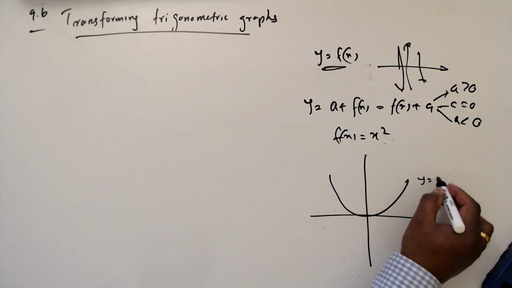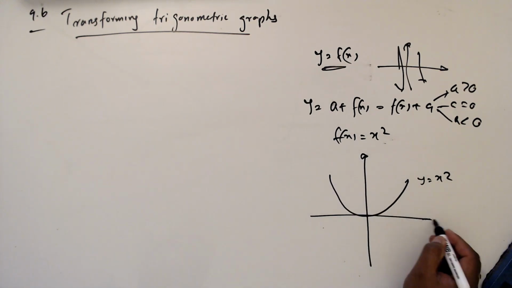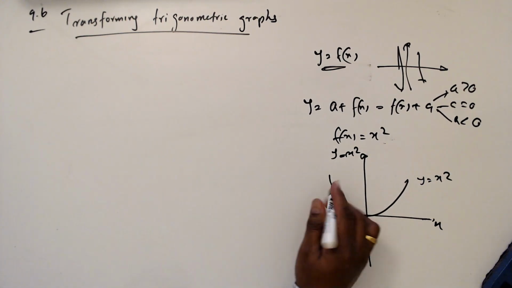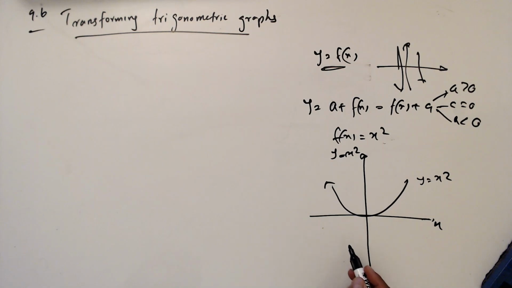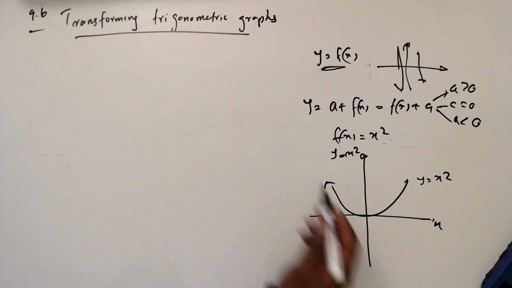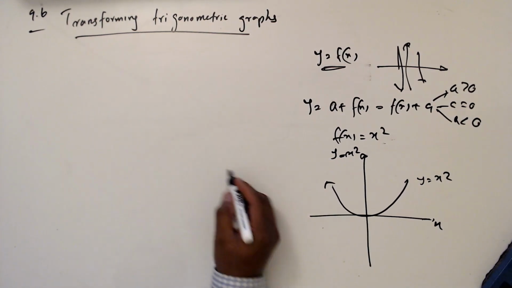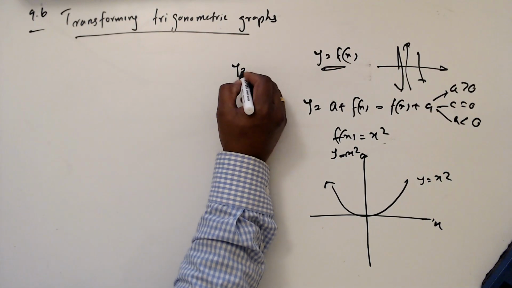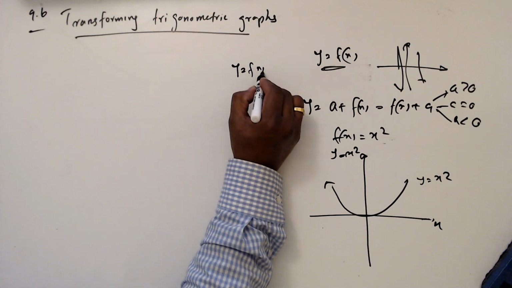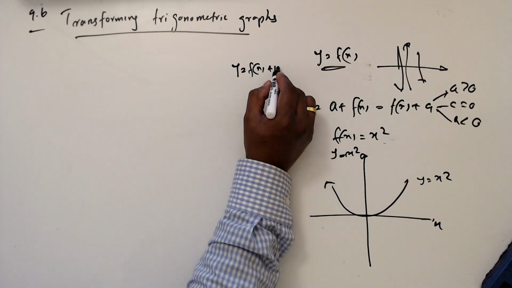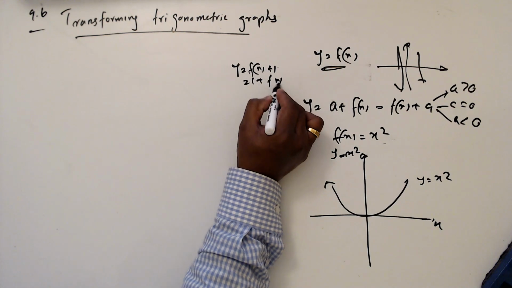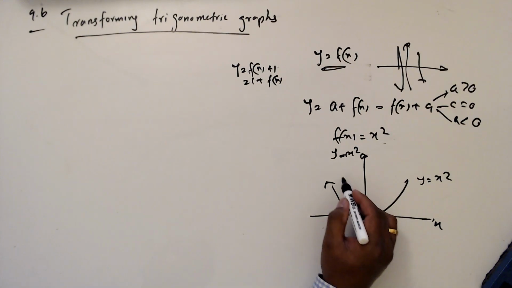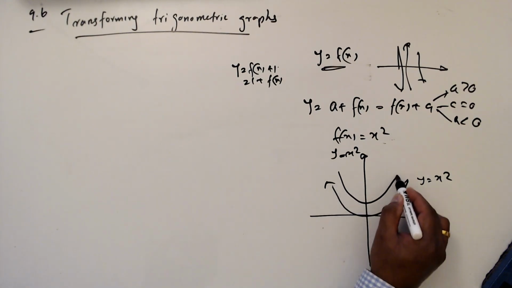This is the y equal x squared graph, with the x-axis and the y-axis. Now if I write y equal f(x) plus 1, or 1 plus f(x), it means I have to shift this graph up.